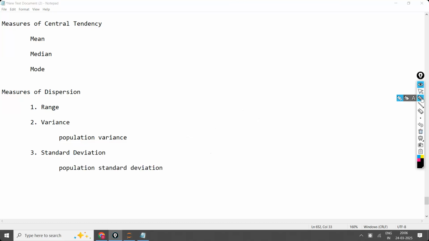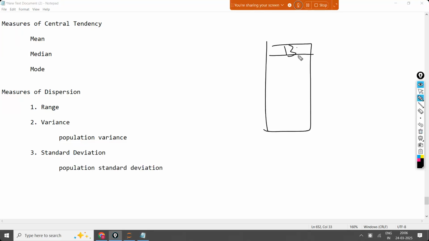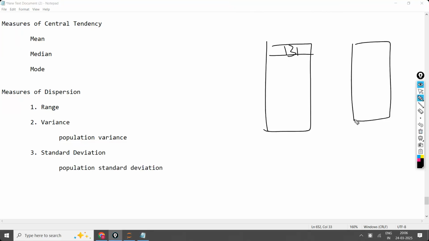Now, sir, what is the use of standard deviation? What is the advantage? Standard deviation is very simple. Say there is batch 1 and batch 2. Here 5 students are there, and here also 5 students, with their marks.